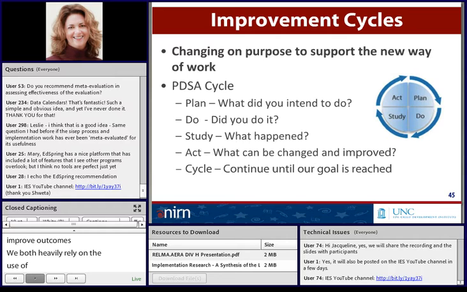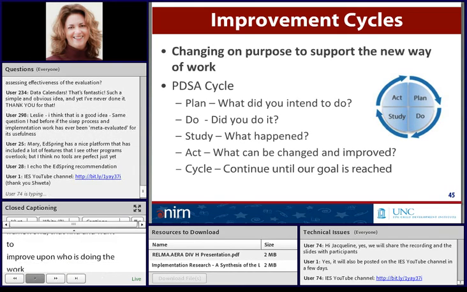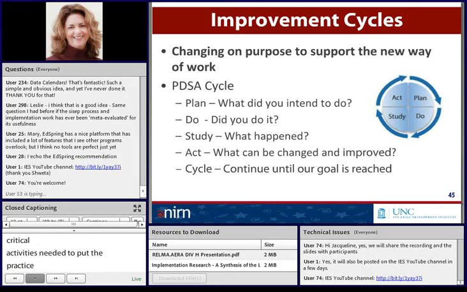Implementation science goes above and beyond to also, through our other active implementation frameworks, define who is doing the work of implementation to ensure that there are critical activities in place, defining when that work needs to be done, during what stage of implementation, and what those critical activities are needed to put the practice into use, those implementation drivers. And then finally, clearly defining what it is that we're trying to improve upon through our usable intervention, our innovation criteria.